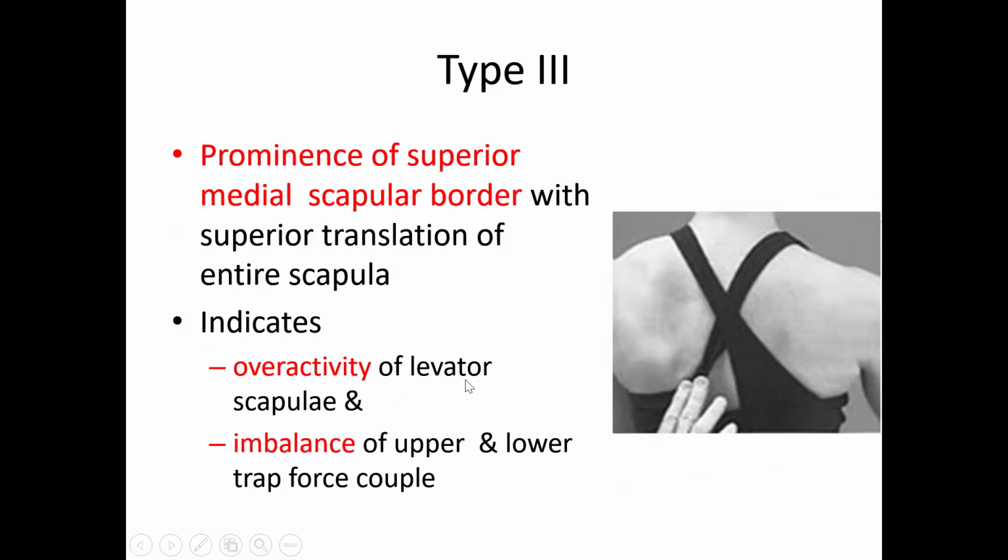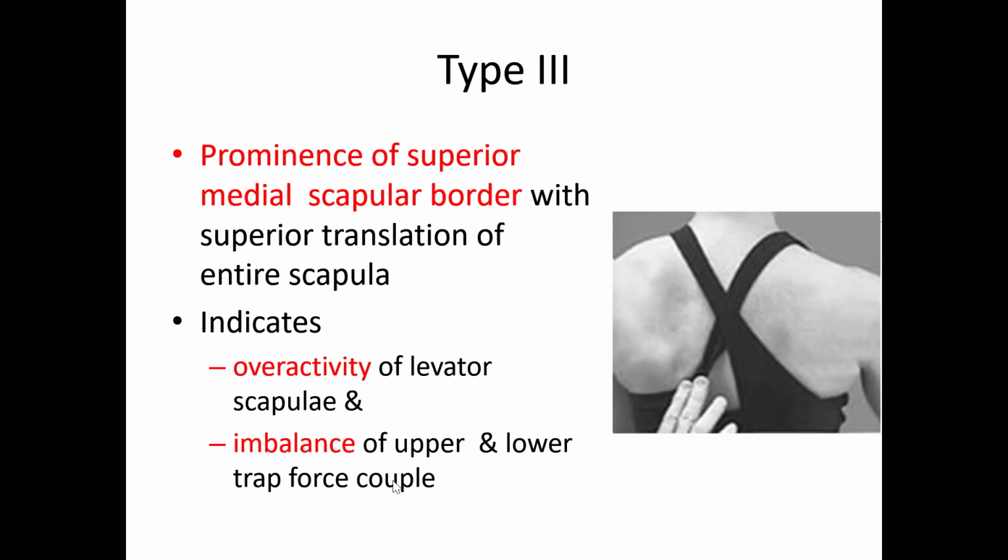In type 3, there is prominence of the superior medial scapular border, as well as superior translation of the entire scapula. This type indicates overactivity of the levator scapulae and an imbalance between the upper and lower trapezius force couple.